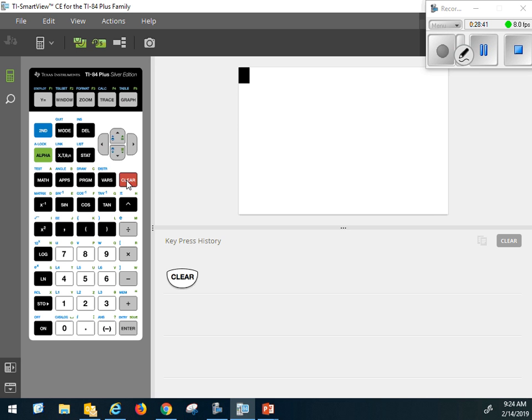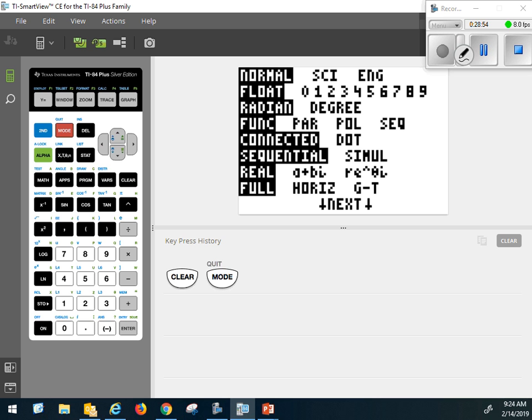All right, so here's my calculator. I want to make sure it's in degree mode. I go to mode. Where's the mode button? Right by the second button. Do you guys see where it says mode? We're going to type that button, and then we've got these options. We don't want ours in radian. We want it in degrees. So we're going to arrow down to the third row. We're going to arrow to the right, but notice it's just flashing.